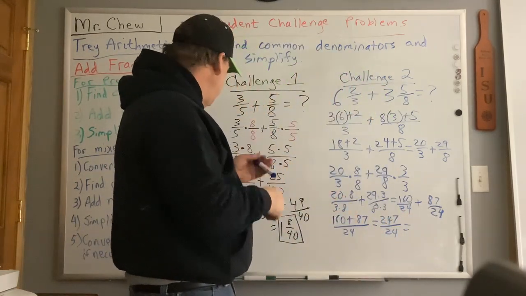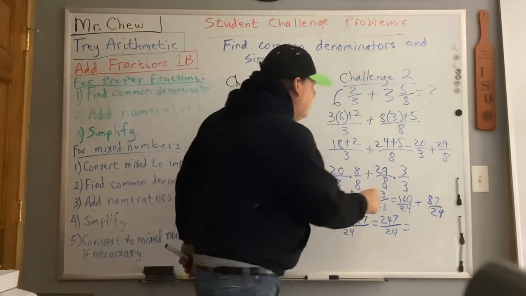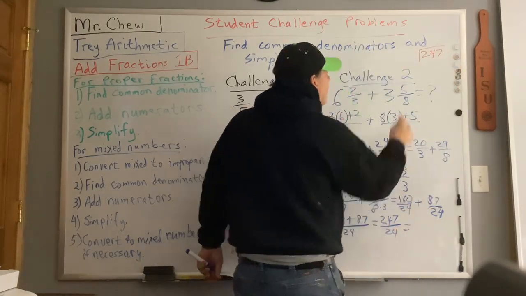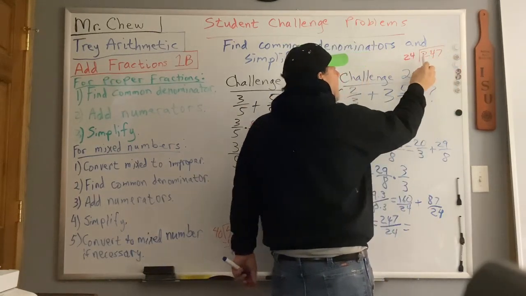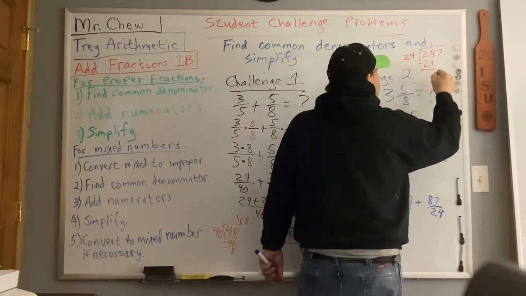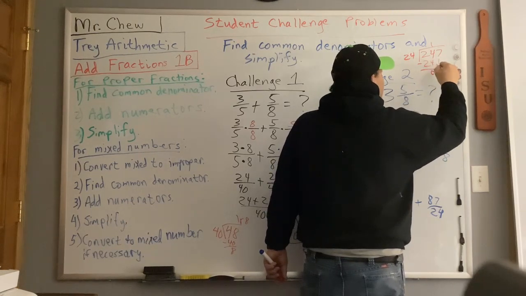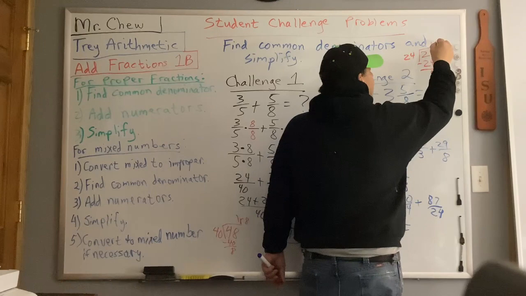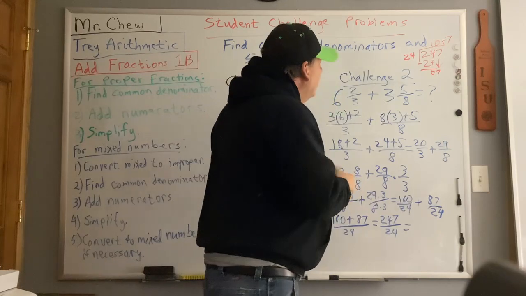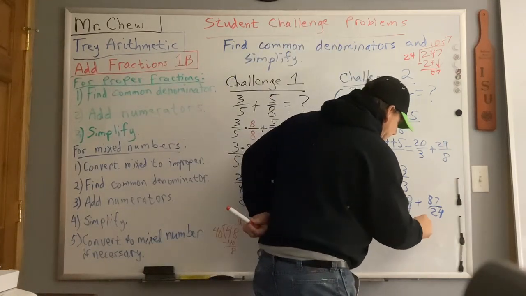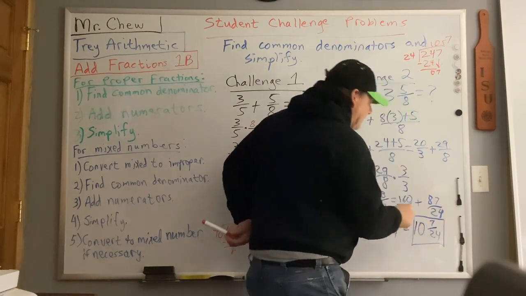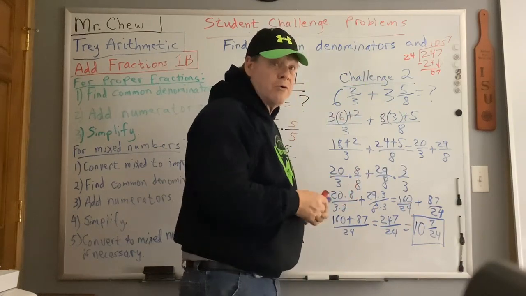So I'm going to take my 247 and divide into it 24. 24 will not divide into 2, but it will divide into 24 one time. Now I subtract. I get a 0 here and bring down the 7. 24 goes into 7 0 times with a remainder of 7. So that equals 10 and 7/24. And that is my simplified answer written as a mixed number.